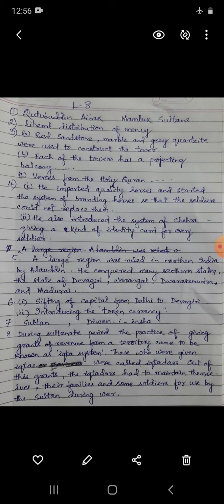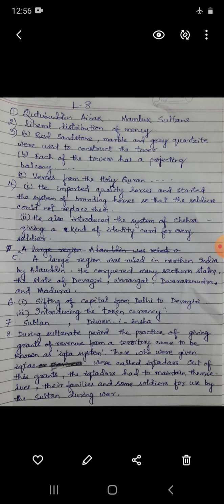Then the last question is, what was the Iqta system? First sentence, what you have to write? During the Sultanate period, the empire was divided into provinces called Iqtas.